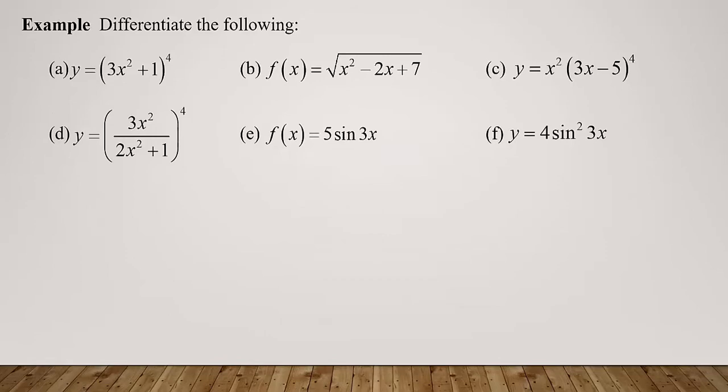There's D, E, and F. Get those written down. And there's part G. So like I said, there are 7 parts. So if you have to pause the video right now to write down all the parts, do that because these are 7 examples of using the chain rule. So now I'm going to head off to the chalkboard and work through this example.